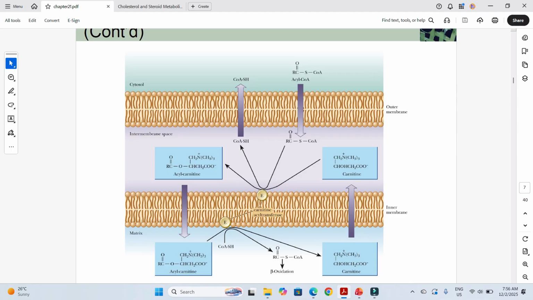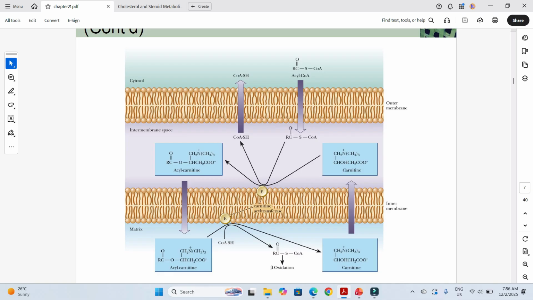Again, do not forget the enzyme that catalyzes the reaction between carnitine and the fatty acyl group is carnitine acyl transferase.